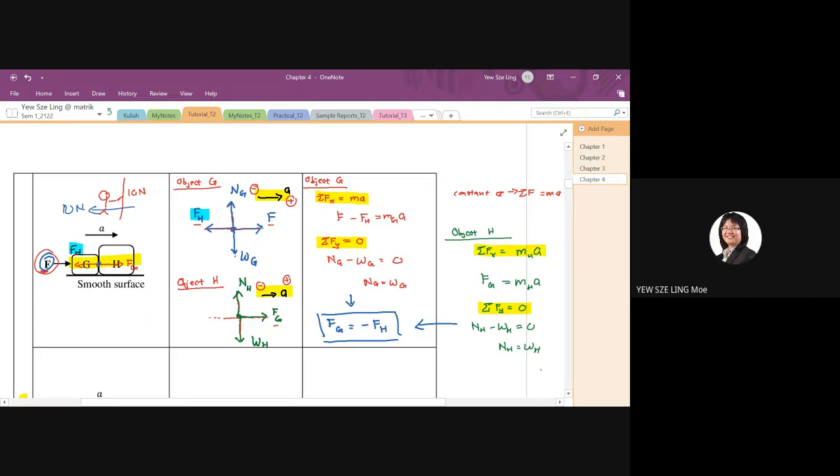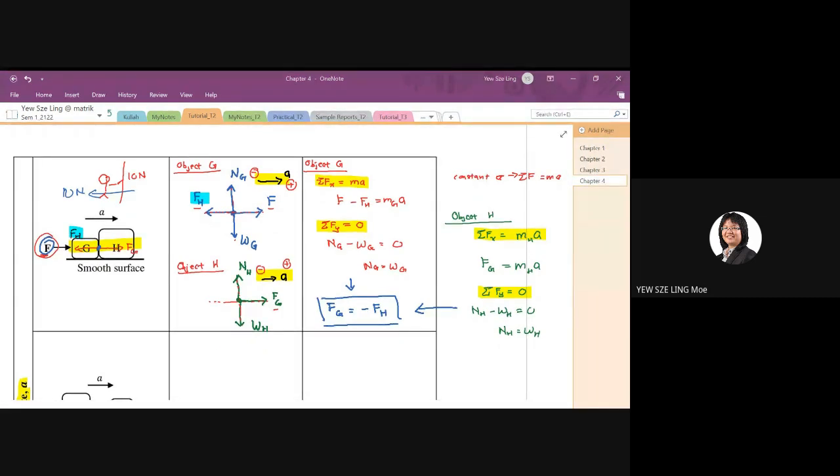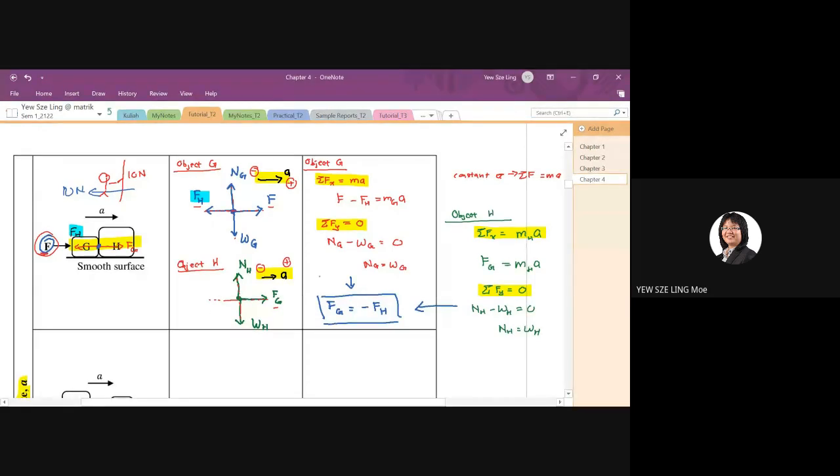Okay, good. So this is your question, question 7. Make sure to write it down, make sure you understand, and make sure you remember a free body diagram refers to the force acting on the object. If it is the force generated by the object, you don't include it in its own free body diagram.